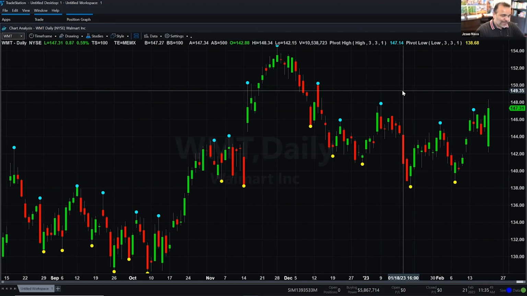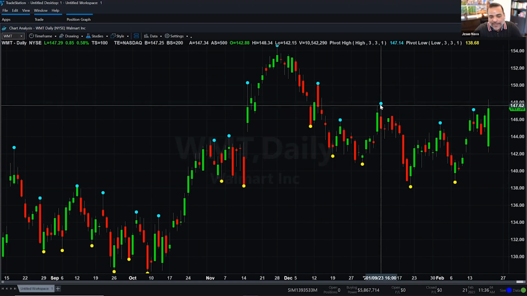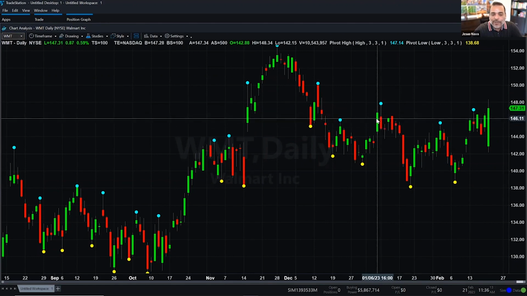Can we say all pivots have a prior key reversal? Yes, they could be, because in a pivot high, remember that we're looking at a higher high, and that's part of the key reversal condition. But then we are looking at the closing price that needs to go in the opposite direction more than the previous one.